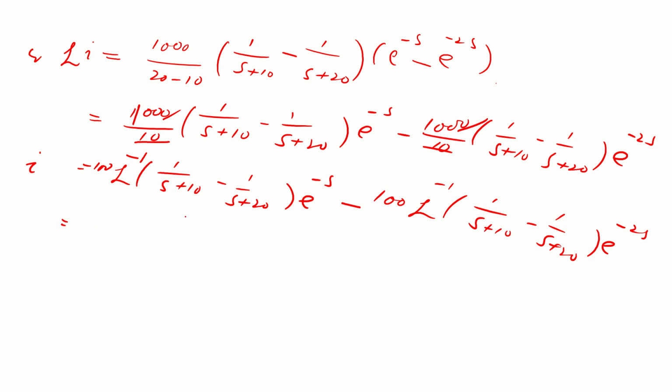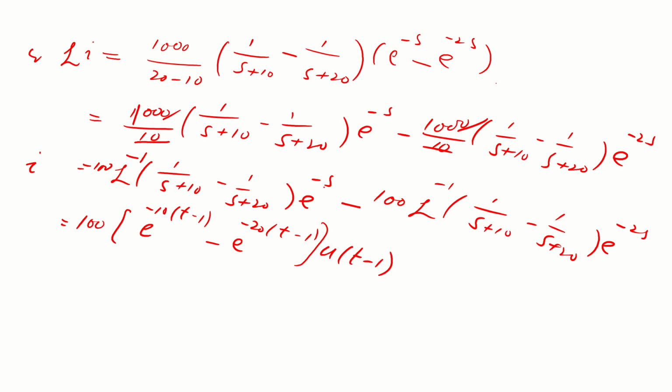Now by using second shifting theorem, we can write that is 100 times: Laplace inverse of this is e power minus 10, and because of e power minus s, that will be (t minus 1), minus e power minus 20, again (t minus 1), multiplied by u(t minus 1).